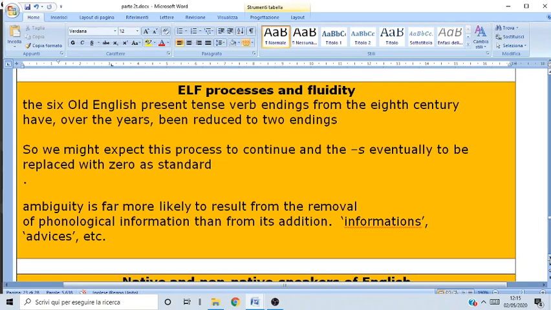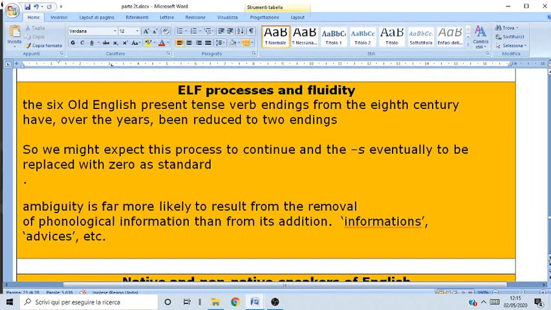Just like in the past, the Old English present tense verb endings had different endings, okay, just like Italian, where you have o, i, a, iamo, ate, ano. The same thing was with English, but over the centuries, they just got simplified. And today, we have just two endings. You either have an S or you don't.